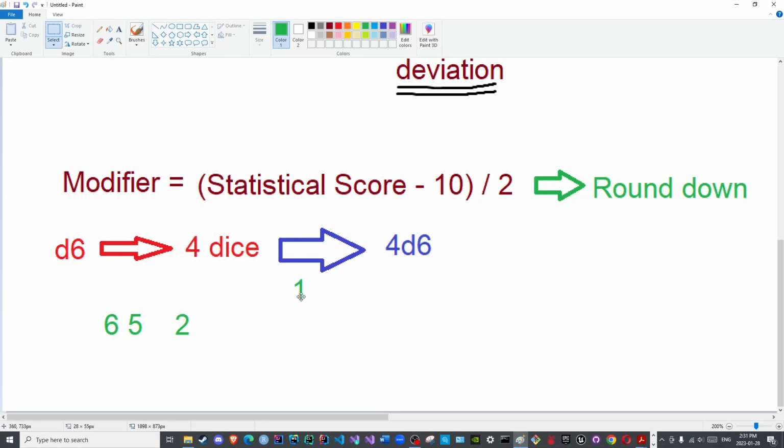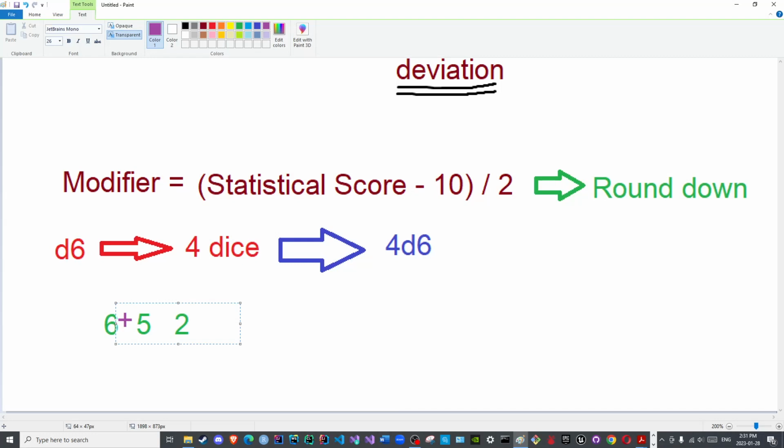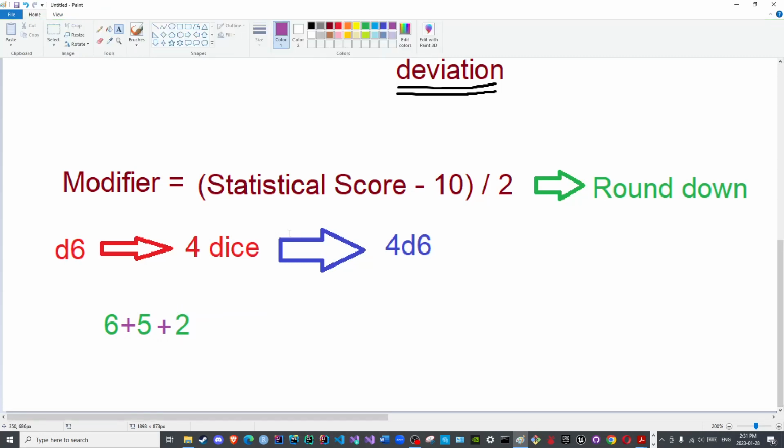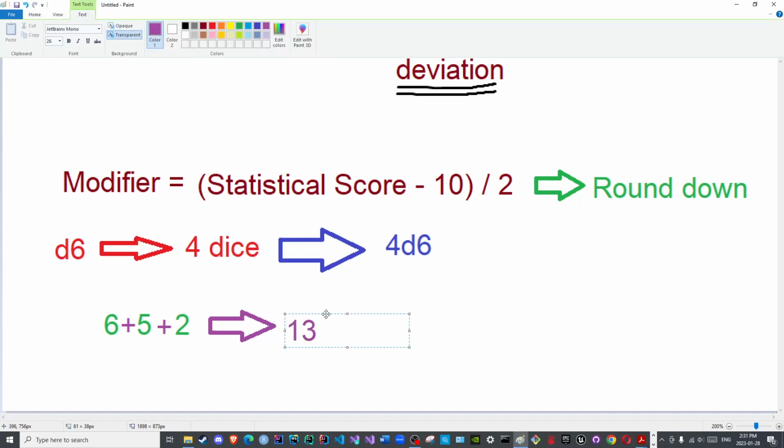You remove the lowest number, like so, and then you add the remaining 3 numbers. The sum of this addition, so in this scenario it will be 13. This becomes then the statistical score.